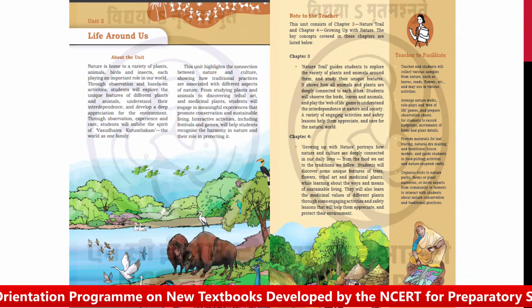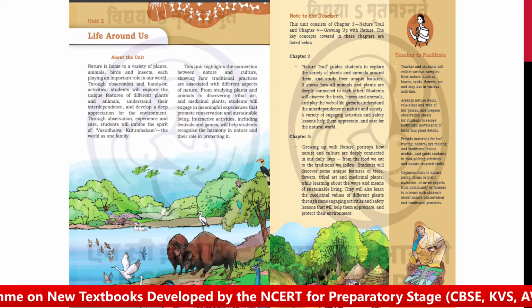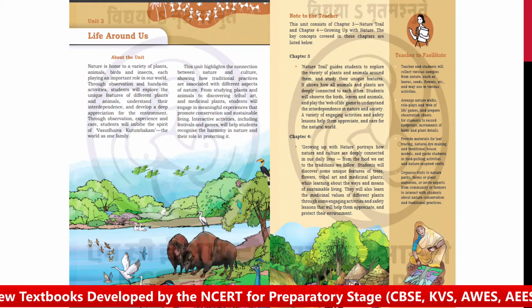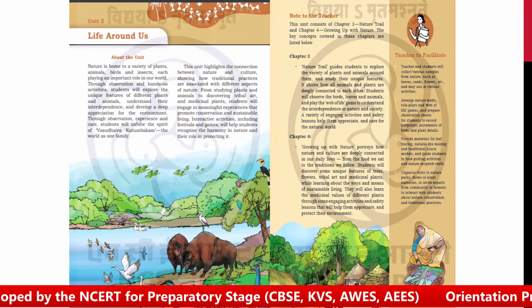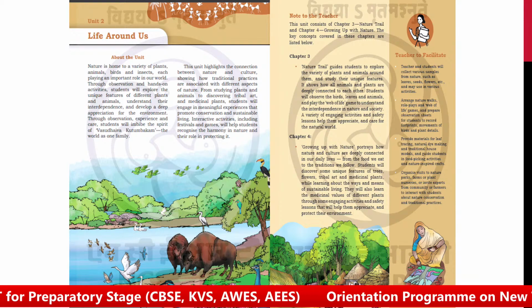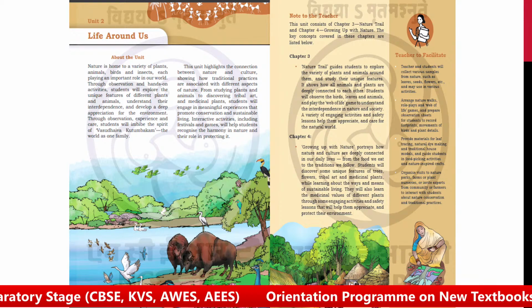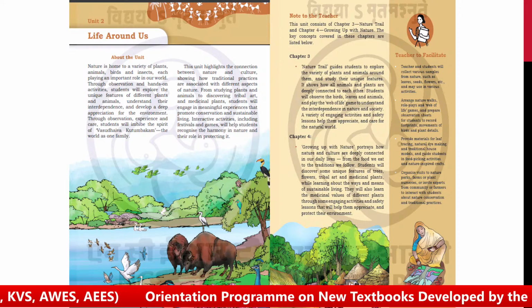We have kept one separate page specifically for the unit. Here, the teachers will get to know about the vision of the complete unit. We talk about how this particular unit becomes part of this textbook, wherein we have 2 chapters, and the details of the 2 chapters are summarized in 3-4 sentences on the next page.